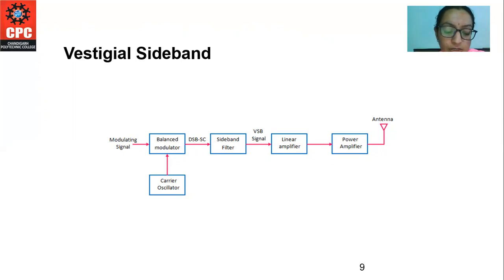The entire transmission is confined to the range of 6 megahertz, which would have required a frequency range of 9 megahertz with a full double sideband transmission.